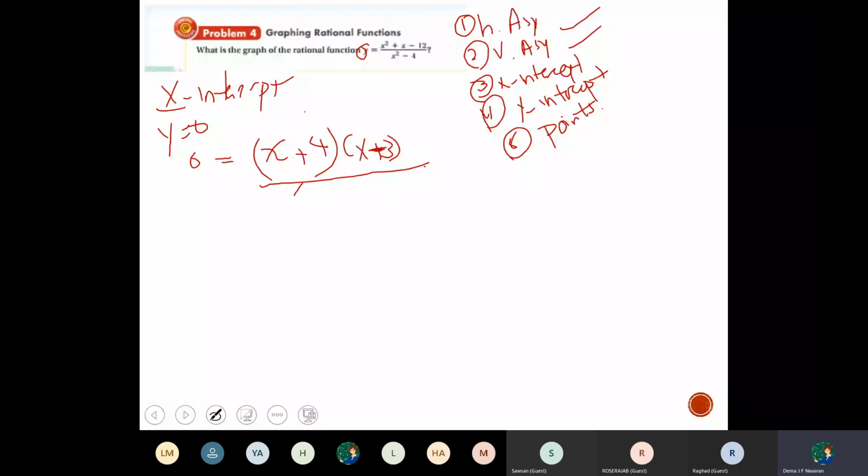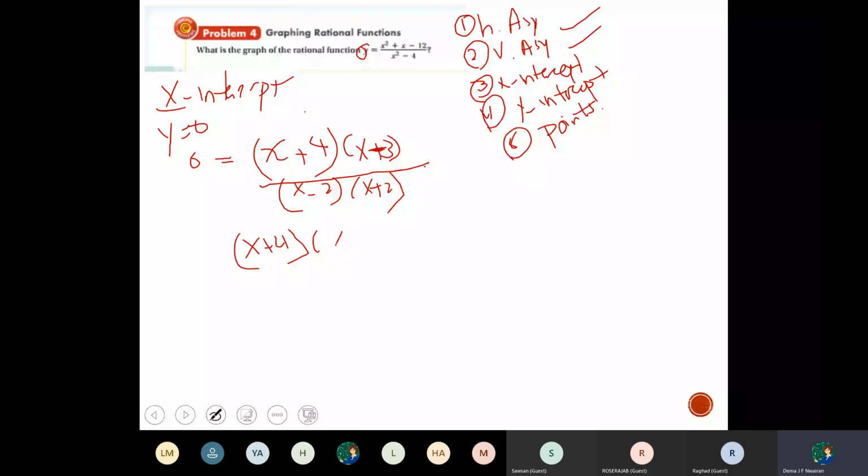So when y is 0, the numerator is 0. So (x plus 4)(x minus 3) equals 0, at the points negative 4 and 3, by finding the zeros of each term. So the x-intercepts are negative 4, 0 and positive 3, 0.